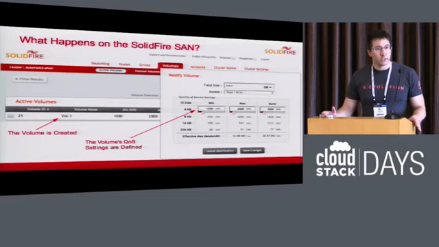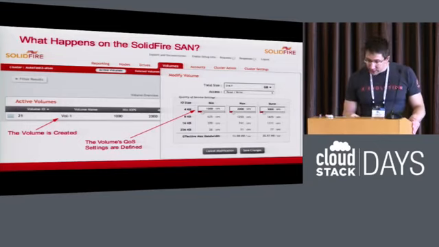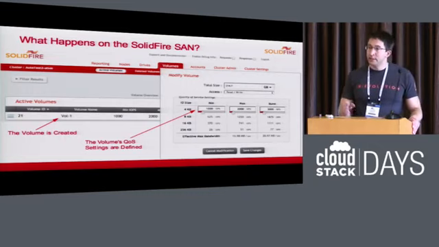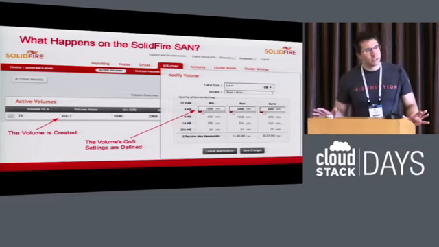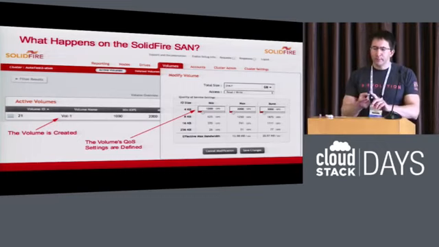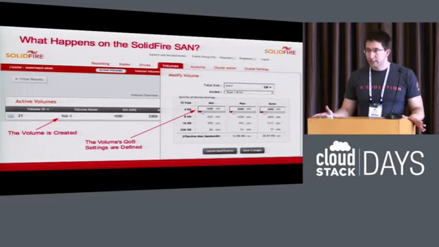If you were to go in through the Solidfire GUI after you've created this data disk and attached it to a VM, you would see a new Solidfire volume. On the far right, we see the performance characteristics. We see 1,000 minimum IOPS, 2,000 maximum, and in this case, 3,000 burst. And I don't think I really touched on burst. So minimum is pretty much what you would expect. Minimum is a guaranteed performance level.